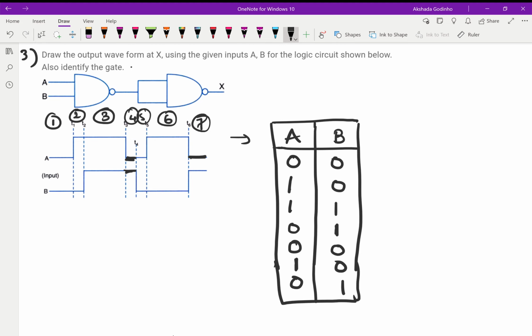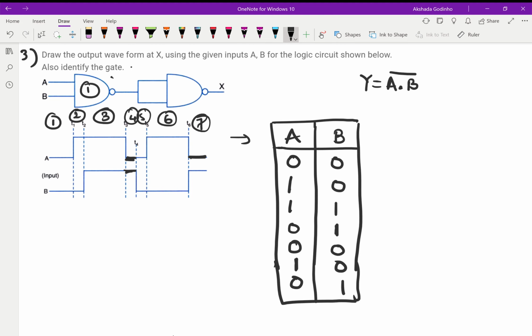We don't know what the output is. Now let us look at the logic gate symbols given to us. Can you identify this first gate? Yes, it is the NAND gate. So the Boolean expression for NAND gate is A dot B inverse.